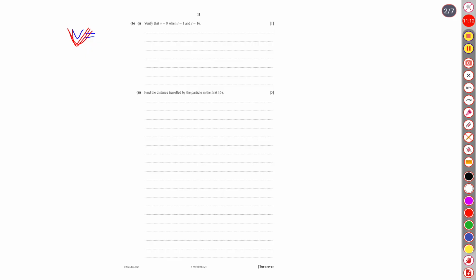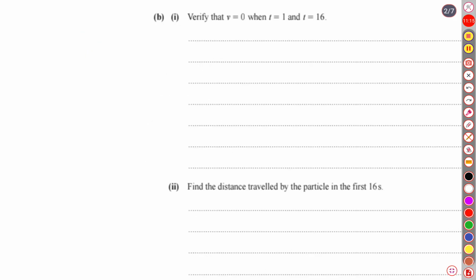Let me erase this. Our expression was v is equal to minus 2t plus 10 square root over t, that means the value of k is 10, 10 square root over t minus 8.